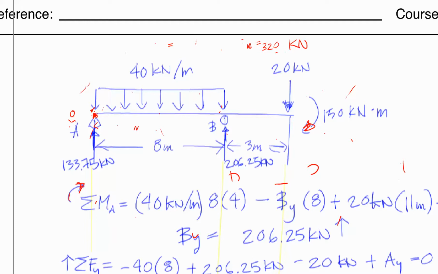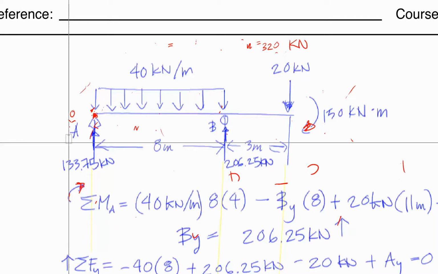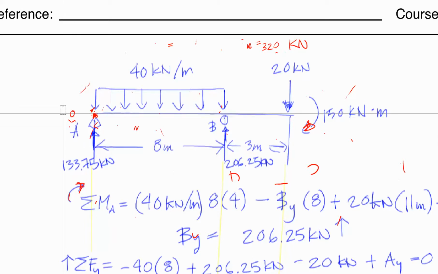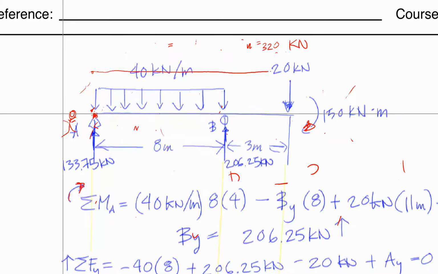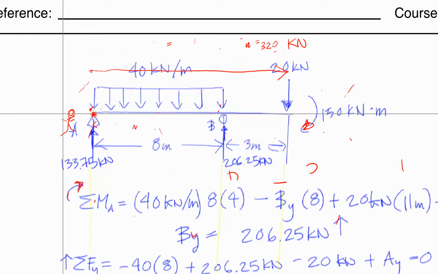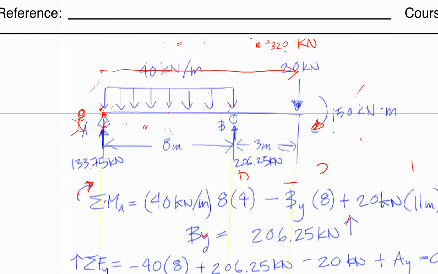So you start at point A. Let's draw us back in there. I'm going to travel from here all the way to the end. The question is, what is the vertical load doing to me as I'm walking from left to right?